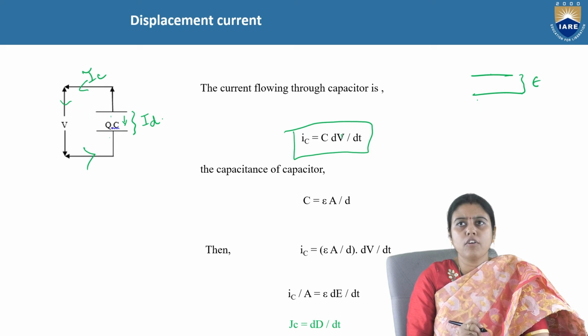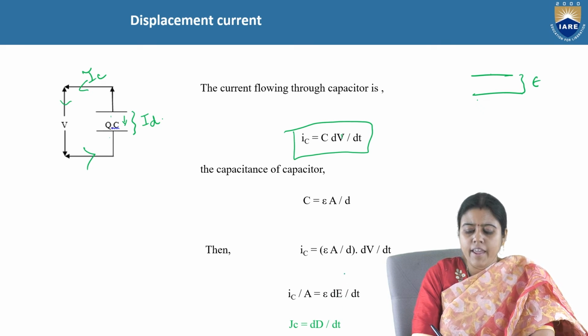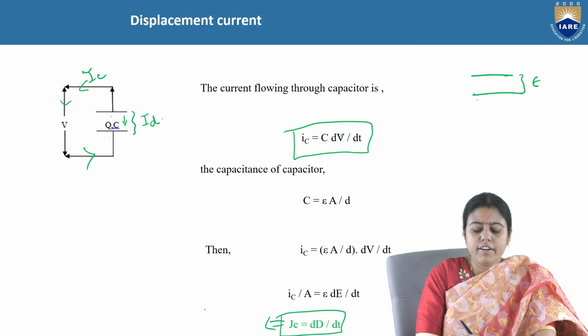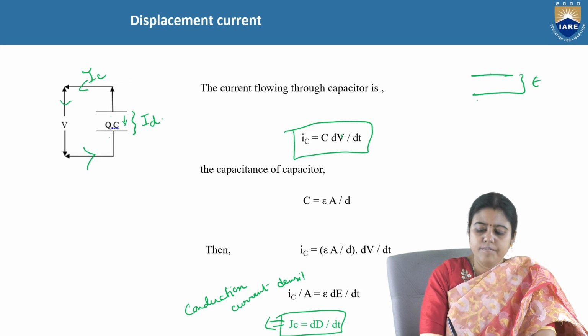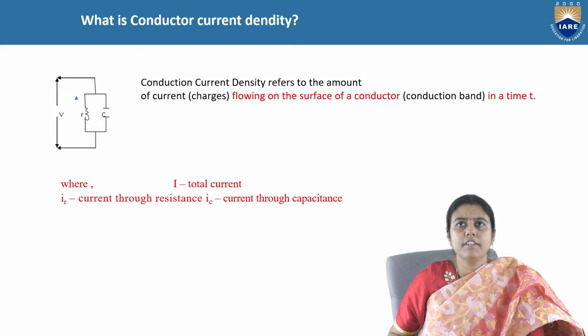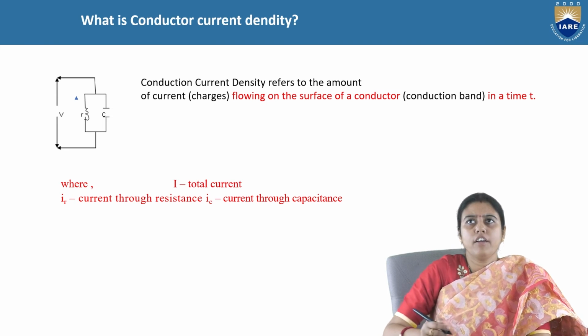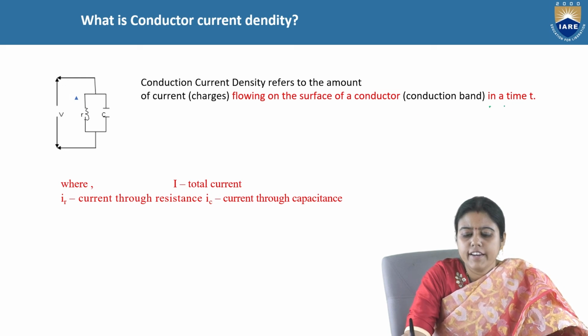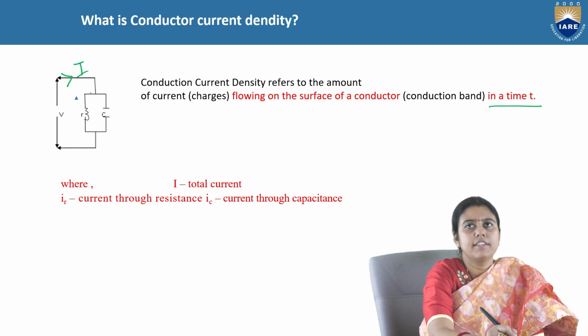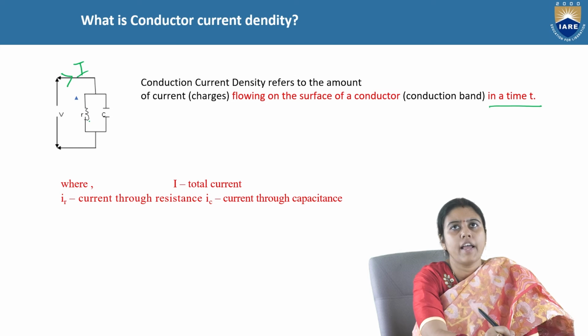So what is the value of the conduction current? Epsilon A by d, and JC is known as the current density. Then what is the displacement current density? So what is the conduction current density? Conduction current density refers to the amount of current flowing on a surface of a conductor in a time t. If the total current I is coming, we can think there are two parts. One is called IR.